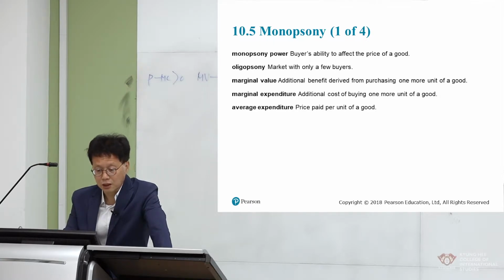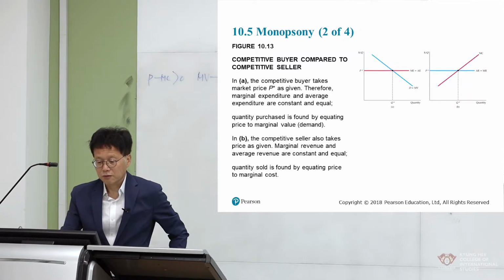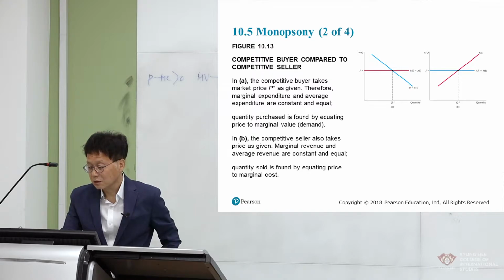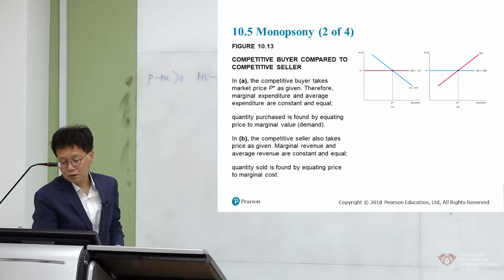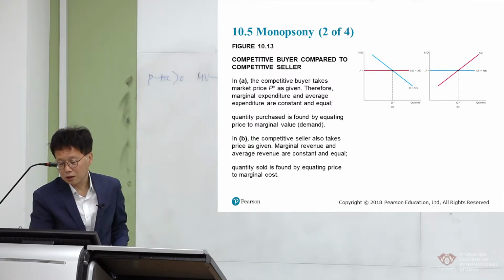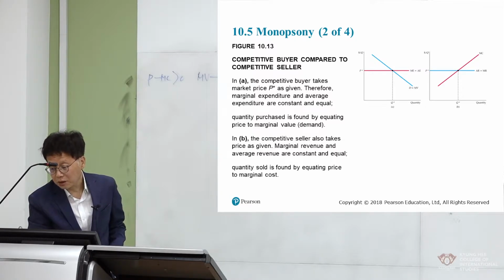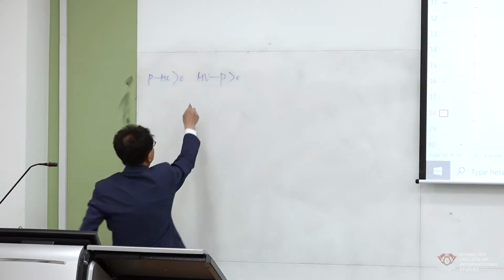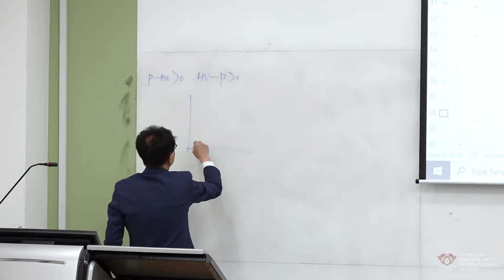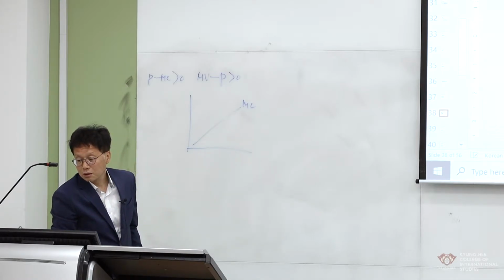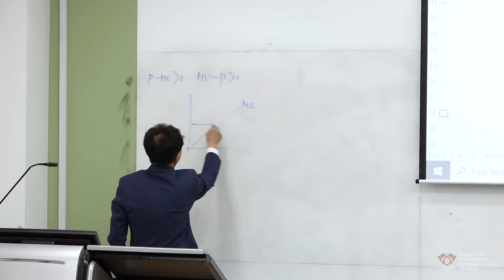Okay, next slide. Figure 10.13, competitive buyers compared to competitive sellers. Competitive sellers' behavior is illustrated in panel B. For competitive sellers, there is the marginal cost, and the price is like this.